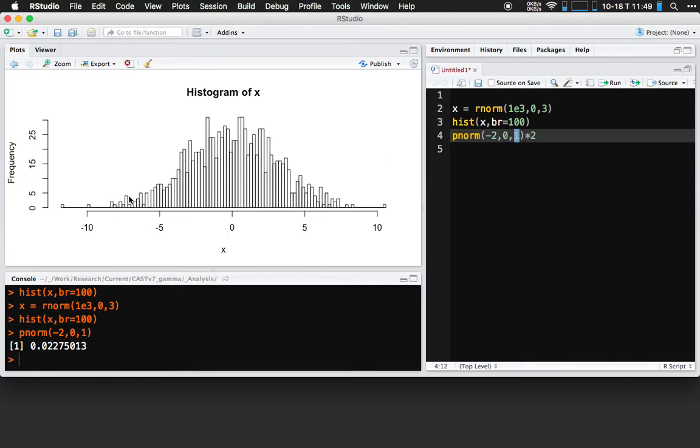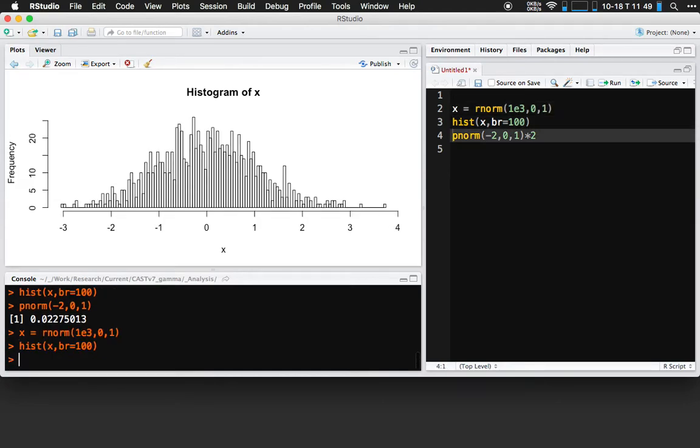What proportion of the data falls from -2 below? If I want to also ask what proportion falls from +2 above, it's 2 times that value. So that will say what proportion falls outside the range -2 to +2. If I want the proportion that's inside the range, I just say 1 minus. So 95% of the data fall within 2 standard deviations of the mean. So that's what I mean by most.